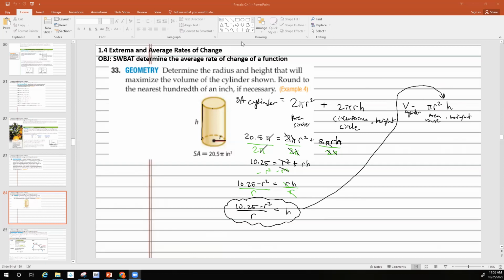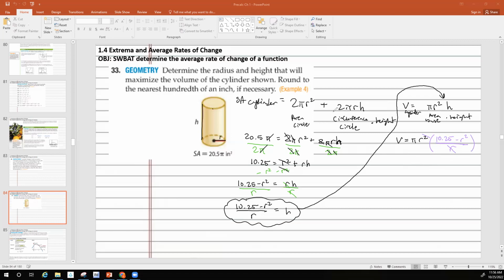So here we end up with V equals pi r squared, and then instead of h, I'm going to plug in 10.25 minus r squared over r. That's our h. Can you simplify it? Yeah, you can. This can cancel out with this. You can distribute that r.